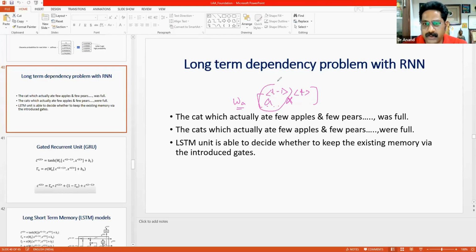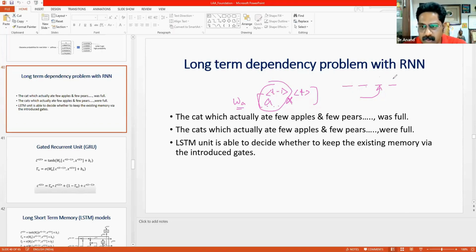So every time this a t minus 1 is given, your RNN model will do an extremely good job if the sequence length is very short. That means whatever the most recent update that happened, what was your immediate past or the last few tokens, what were the major changes influenced by the last few tokens.